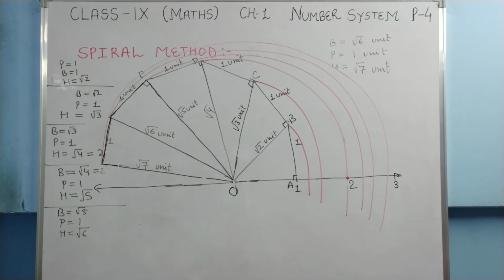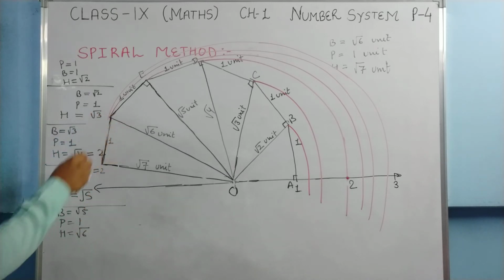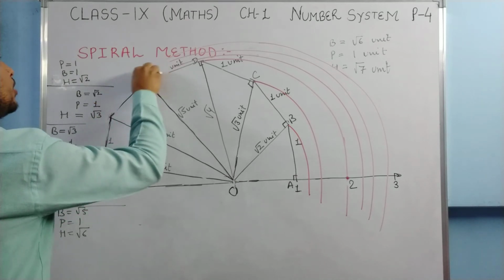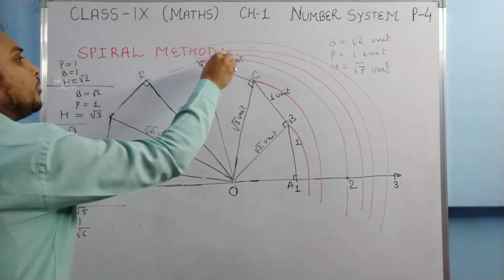Basically this is an activity also. This activity, the spiral method, I have given you in the class as activity 1 of chapter 1. Those who have not done it till now will do it also in the maths lab manual, activity 1.